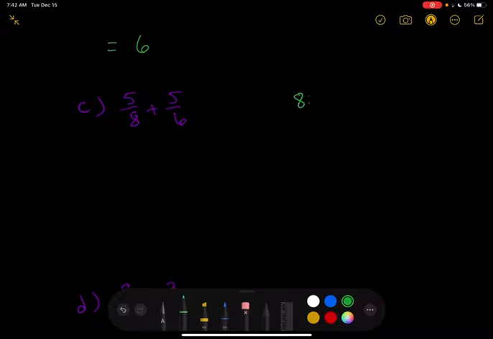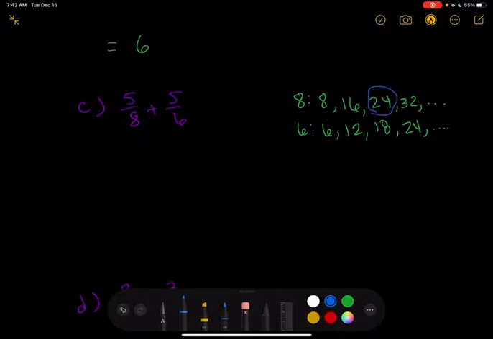Okay, so for 8, I would have 8, 16, 24, 32. That would just keep on going. For 6, I have a 6, a 12, an 18, a 24, and that would keep on going. Do you see one of those multiples that they have in common?